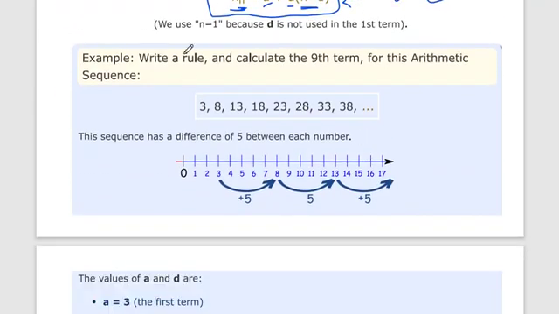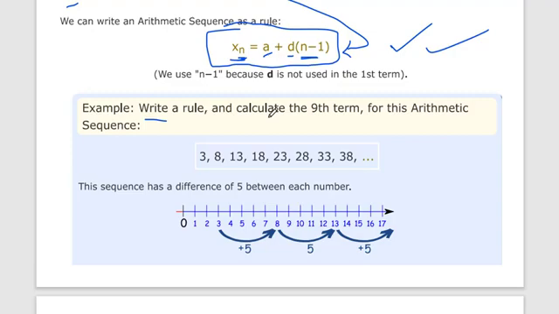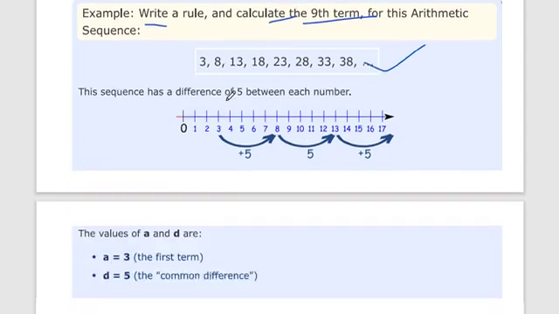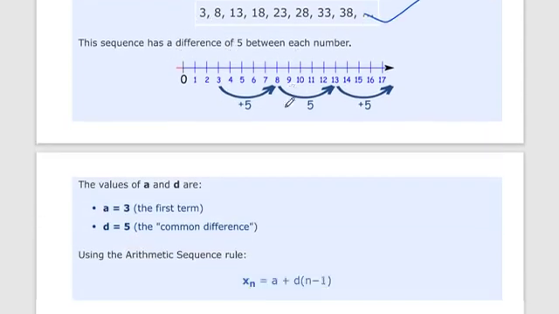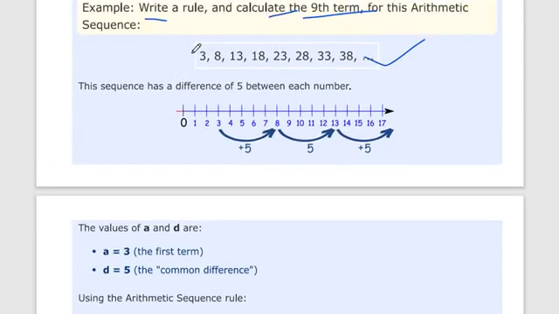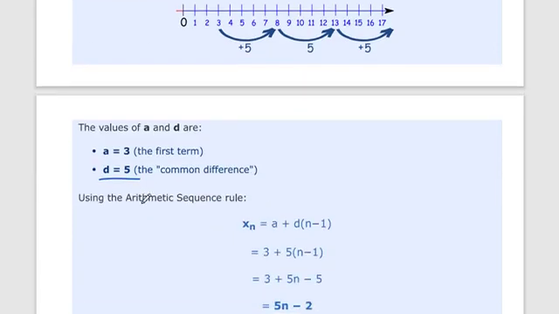Okay, so here they have explained with an example. With the rule, we have to calculate the 9th term of this arithmetic sequence. It's simple. Let's say this is the sequence. We have a equal to our first term, which is 3, and the common difference is 5.